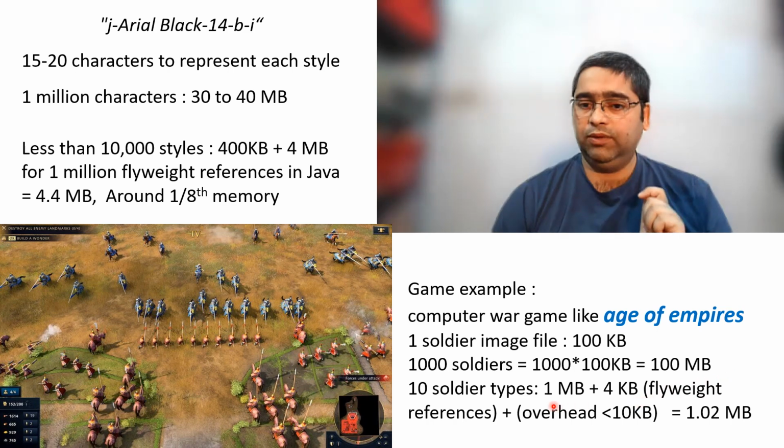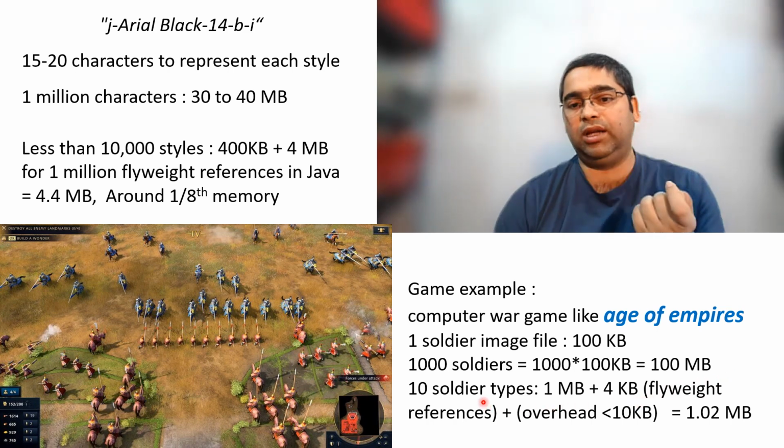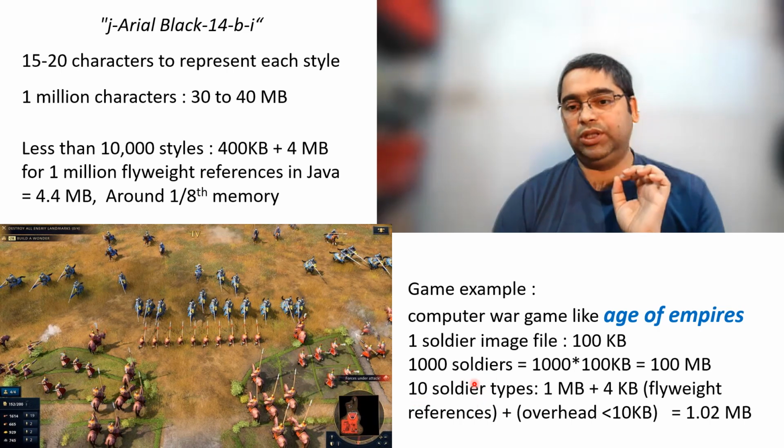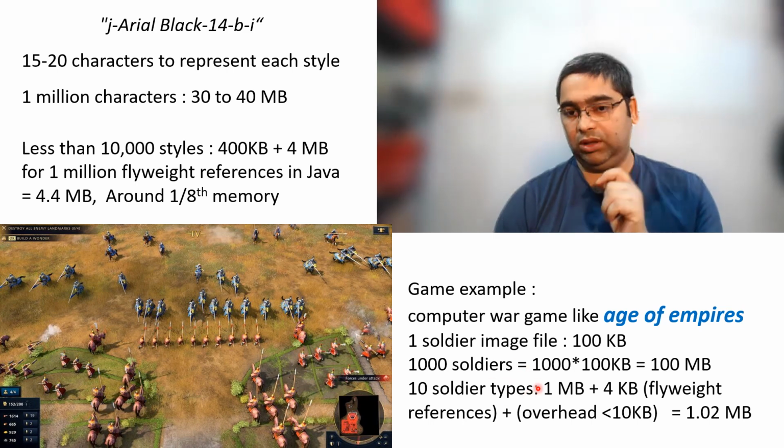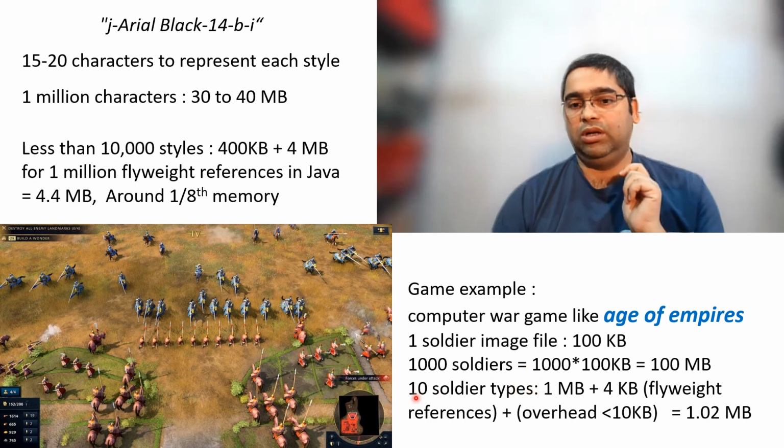But you will notice that each soldier type has a similar image, and there are a fixed number of soldier types. Let's assume there are only 10 soldier types. So what we will do is only use the styles of these soldiers and share them among all the soldiers. So how much memory will the styles for these soldiers take?